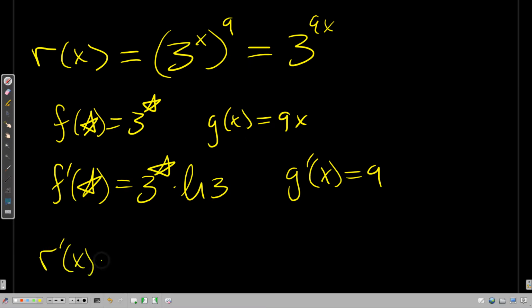So r prime of x is nothing more than f prime evaluated at g times g prime. So you'd have 3, and then up here we're going to put g. That's 9x, except I'm not going to use parentheses. And then you'd have your natural log of 3, and you'd have your 9.